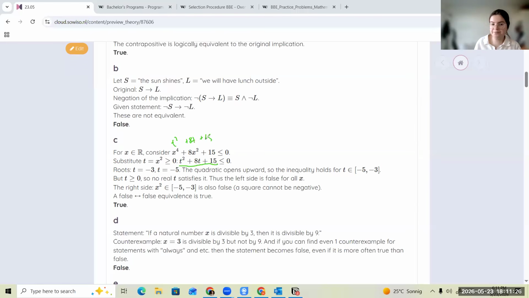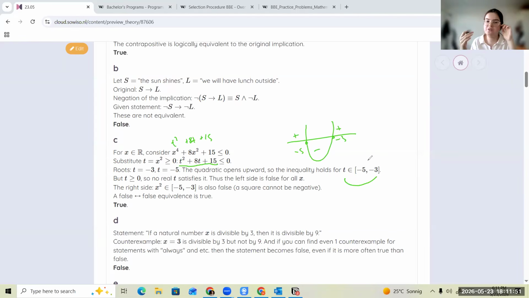This is our new parabola, and we want to find such a part of it that will make it negative. If it's a concave-up parabola with two roots, one being -5 and one being -3, it is negative in between the roots and positive outside. We want the negative part, so t has to be between -5 and -3.